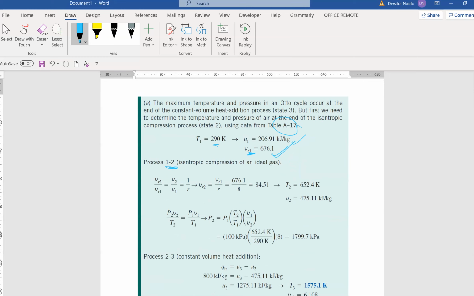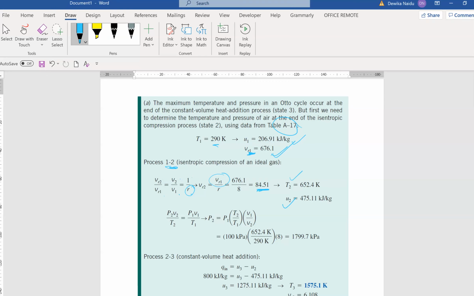So with that we can compare the ratio, because VR2 over VR1 is equivalent to V2 over V1, which is 1 over R. What is the R value? It is 8, given in the question. So when we have VR1, can you find VR2? With VR2, you can go back to the same table and find temperature 2 and U2.